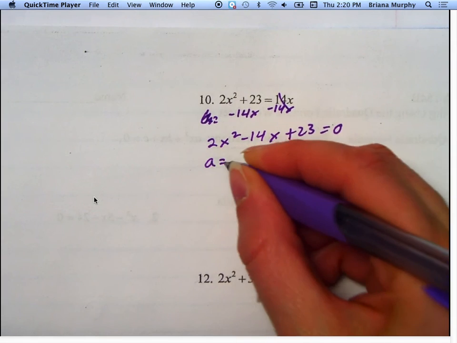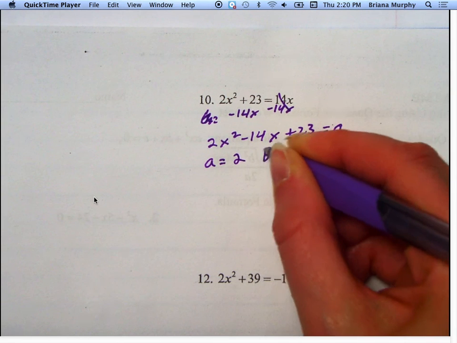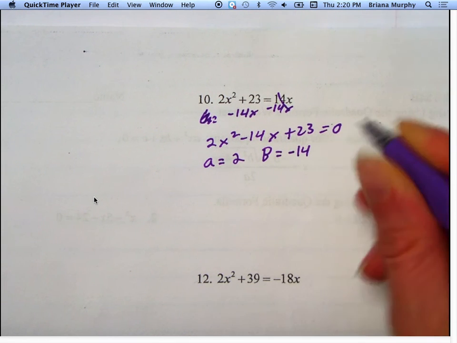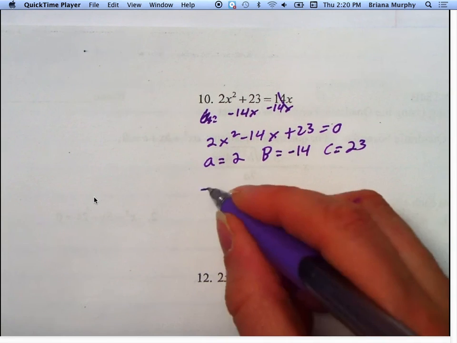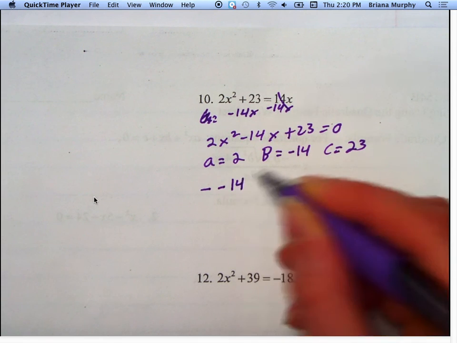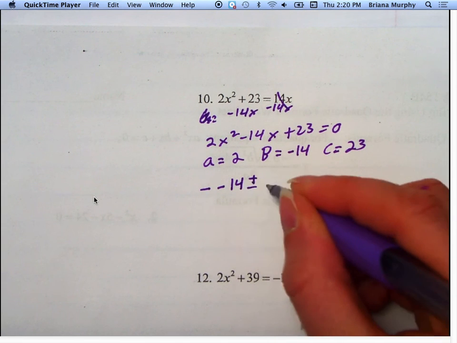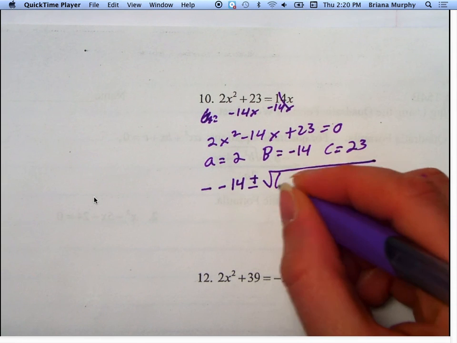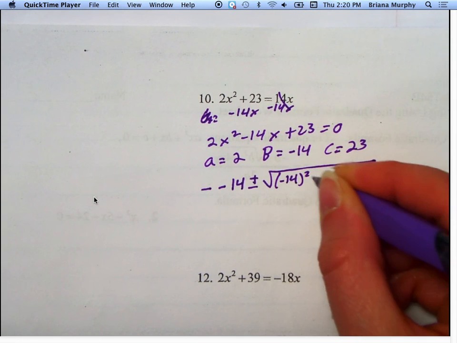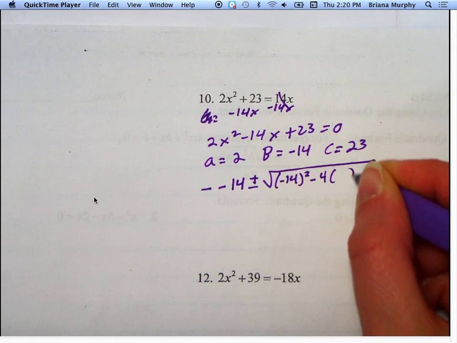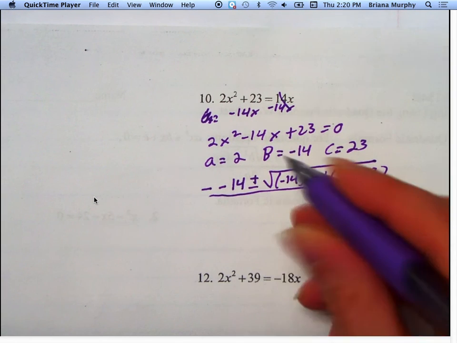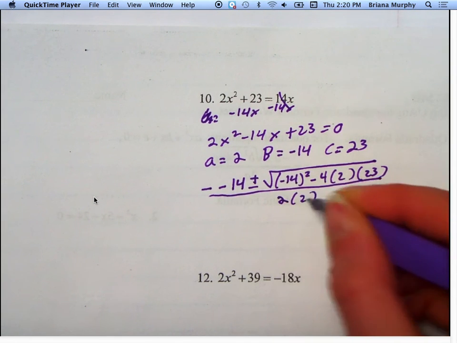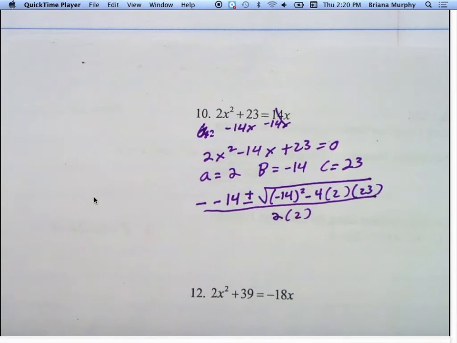A equals 2. B equals negative 14. C equals 23. Okay, let's write it out. Negative b, so negative negative 14, plus or minus the square root of negative 14 squared minus 4 times 2 times 23, all over 2 times a. Let's do what's underneath the discriminant first.